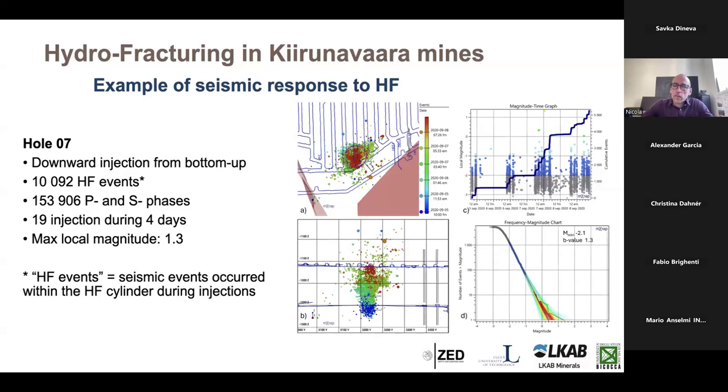All these hydrofracturing events were recorded, and they produced about 150,000 seismic phases. The injection lasted for 4 days with 19 injection episodes, and the maximum magnitude obtained was 1.3.